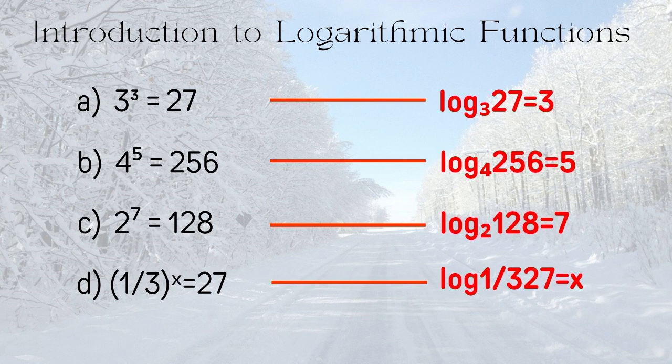Next, we have the c, which is 2 to the power of 7 is equal to 128. So when we convert that into a logarithmic function, it can be rewritten as log 128 to the base 2 is equal to 7. So next, we have (1/3) to the power of x is equal to 27.